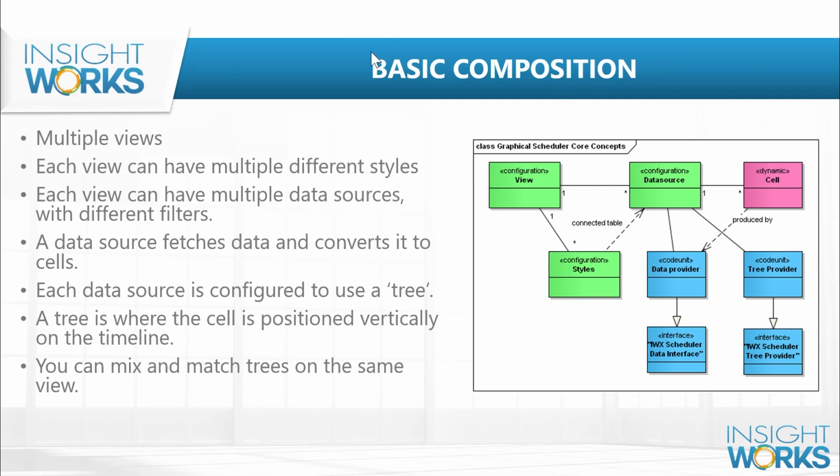All right. What this is composed of is multiple views, and each view can have different styles. Each view can also have different data sources with different filters and different times and different zooms. For example, you can have a really detailed schedule showing you perhaps the current day in detail or maybe just a week in detail.